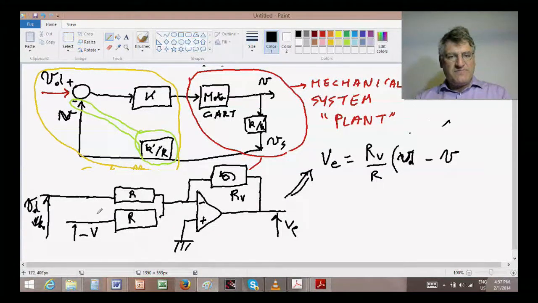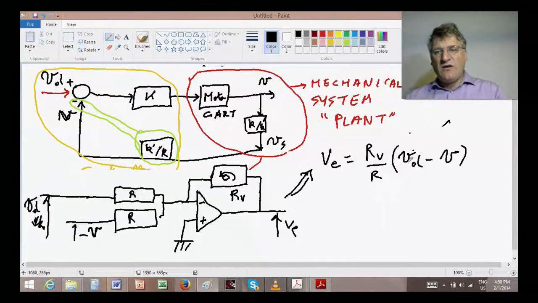Let me clear that out and rewrite this as V desired. So the output voltage is equal to RV over R times V desired minus V.